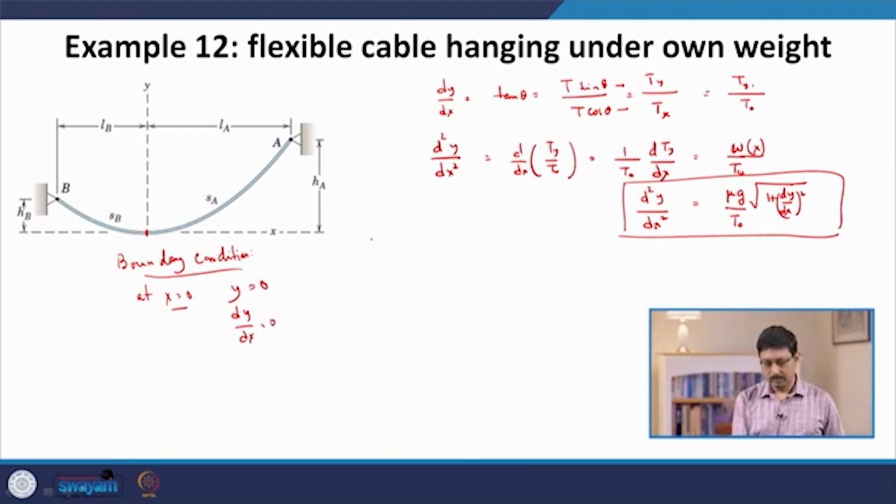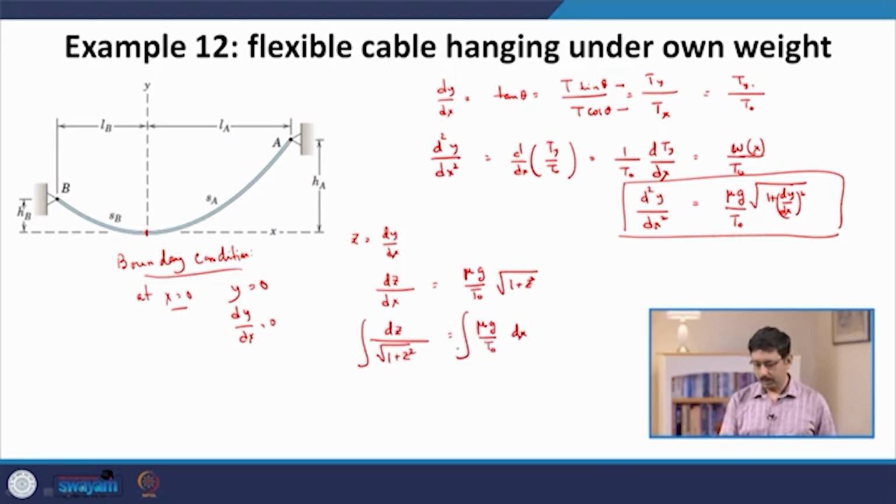Now, how to solve this equation. Let us make a change of variable, dy/dx equals z, so that I can write this as a first order differential equation, and I can do a variable separation. This mu g is something like W naught in the previous example.